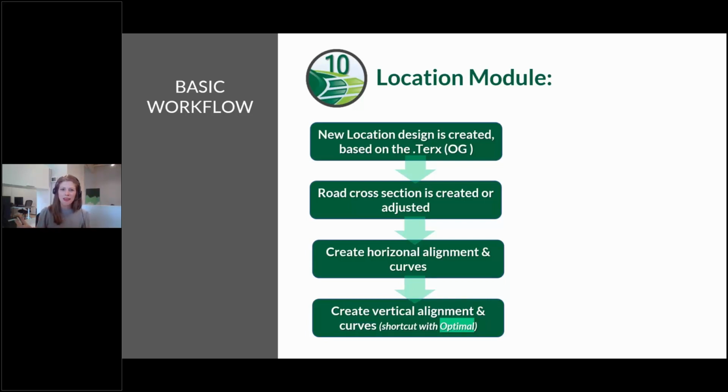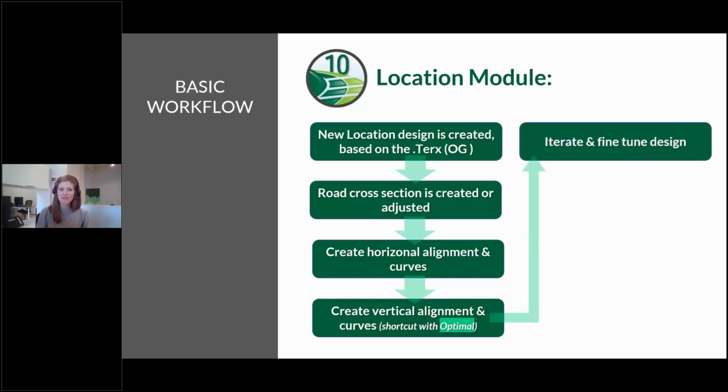It's our earthwork optimization tool, but it can really speed up that vertical alignment creation process. And then from there, of course, there's the iteration and the fine-tuning of design: labels, earthwork balancing, getting your mass haul right, ground types. There's a ton of elements that could fall into that iteration and fine-tuning.